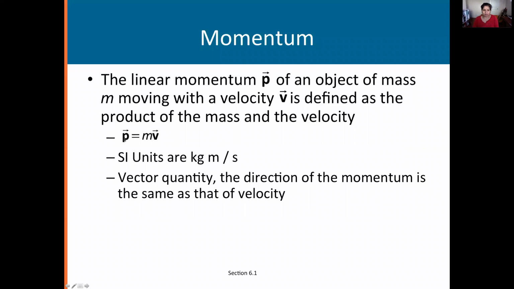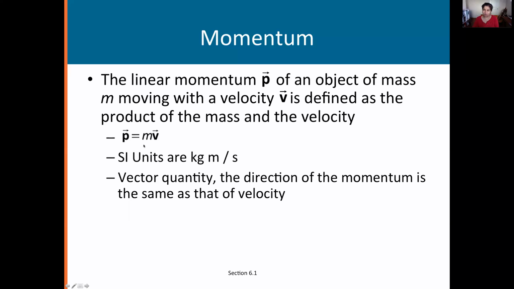So p equals m times v. m is a scalar quantity, v is a vector quantity. This is a vector equation, which also implies that your momentum is going to be in the same direction as the velocity, yeah? We saw this kind of equation earlier in F equals m times a, where the two directions for force and acceleration were always the same, they matched. Similarly for momentum here.